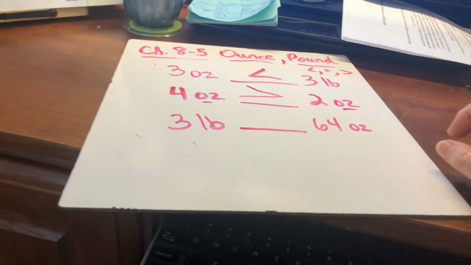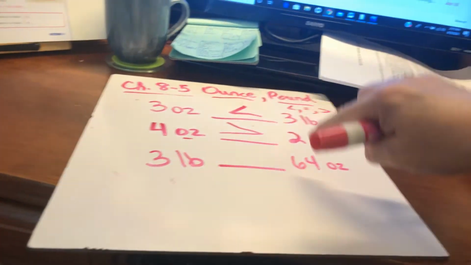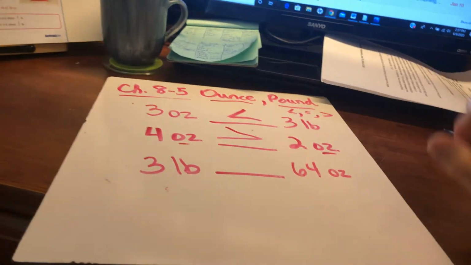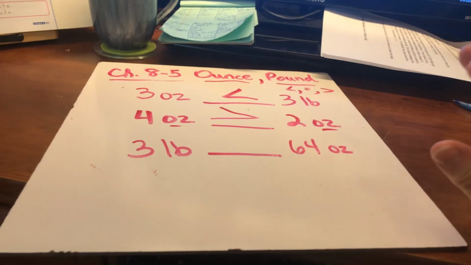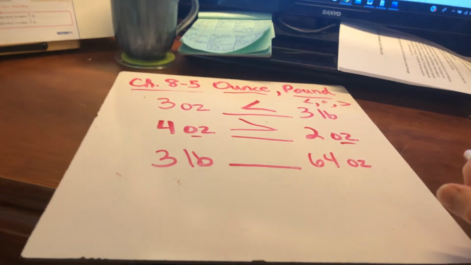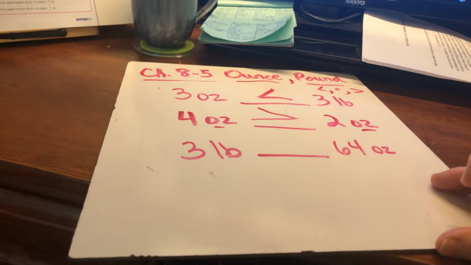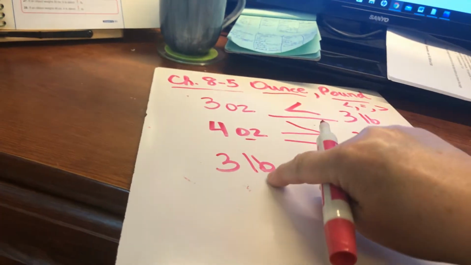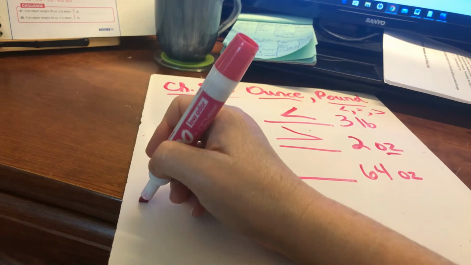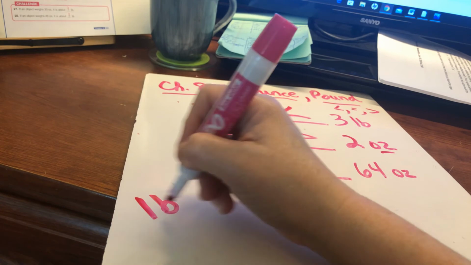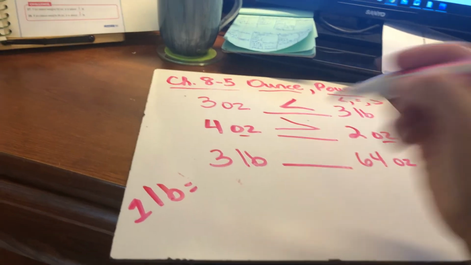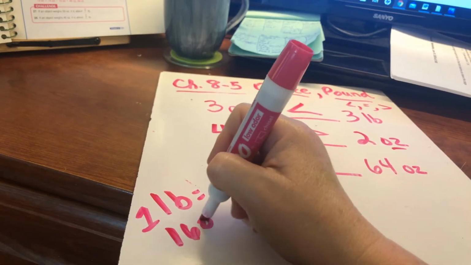Now you can't just look at this and say, well, the number 3 is smaller than 64, so therefore 3 pounds must be less than 64 ounces. That might be the case, but we don't know for sure. It might not be. So what we have to do first is turn pounds into ounces. You already wrote down that 1 pound equals how many ounces? 16 ounces, right?